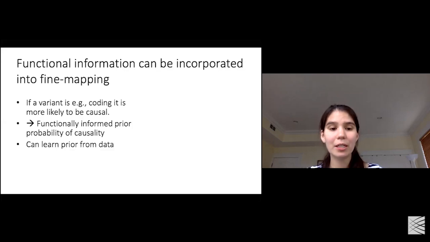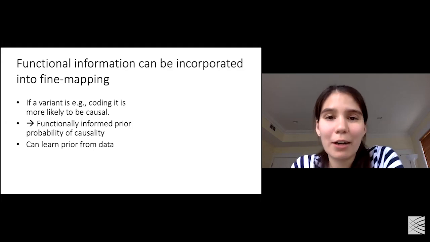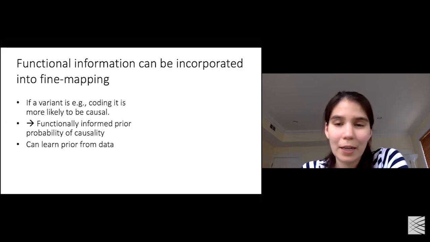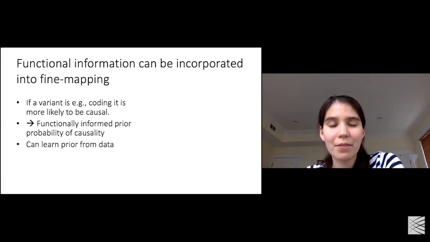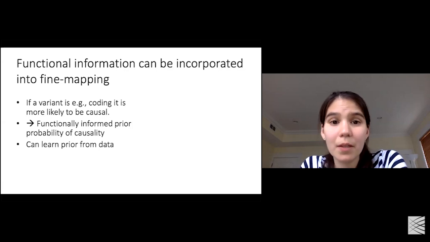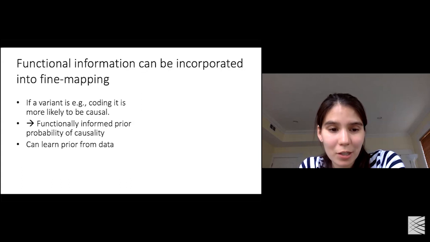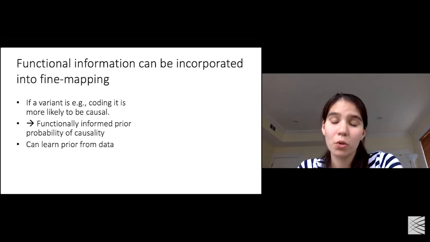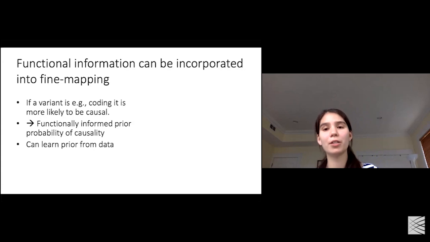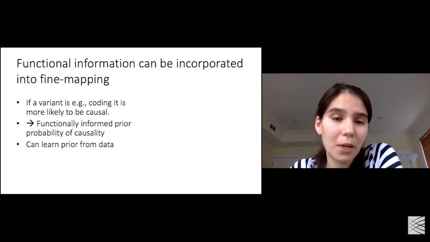Then the question is, how do you set that prior? Do you have to just trust your own intuition that, say, enhancer variants are 5 times more likely than other non-coding variants to be causal? One way around this is to learn the prior from the data. For many of the methods I described, simply specifying the prior can be done pretty simply.